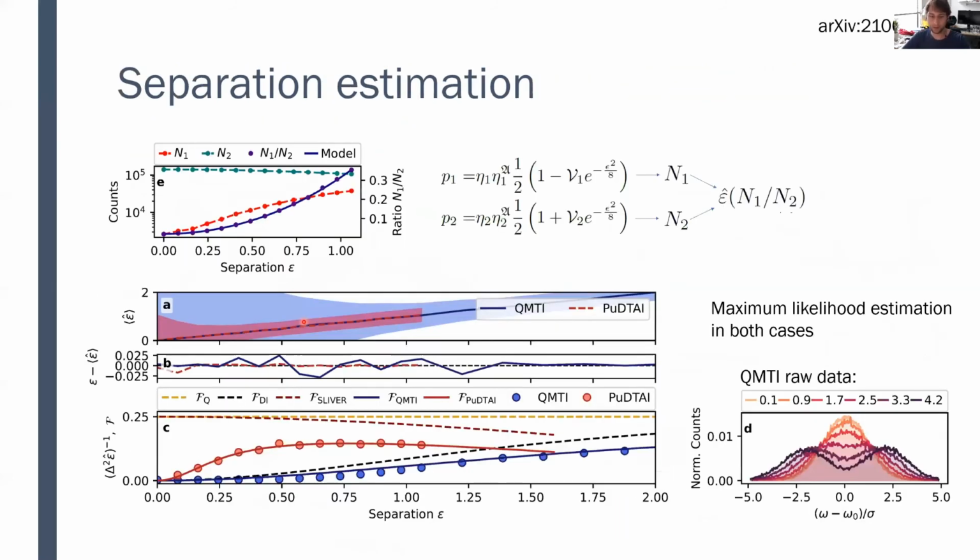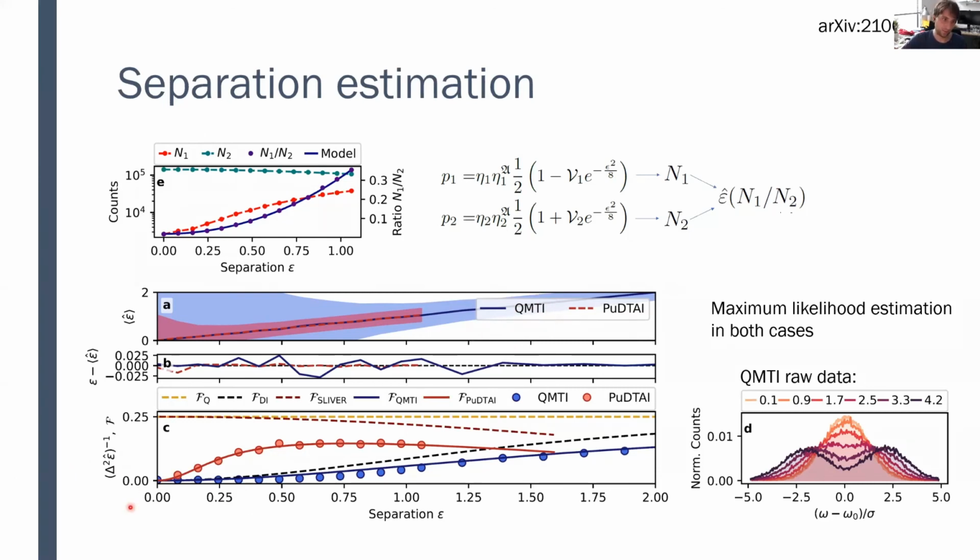So, slowly going to the conclusions and comparison of the two schemes, we can estimate the separation given the number of photons that we register in one and the other port. And we see that the variance of this estimator for epsilon, the separation, is much lower in our pulse division time axis inversion protocol than the typical quantum memory temporal imaging protocol presented before.